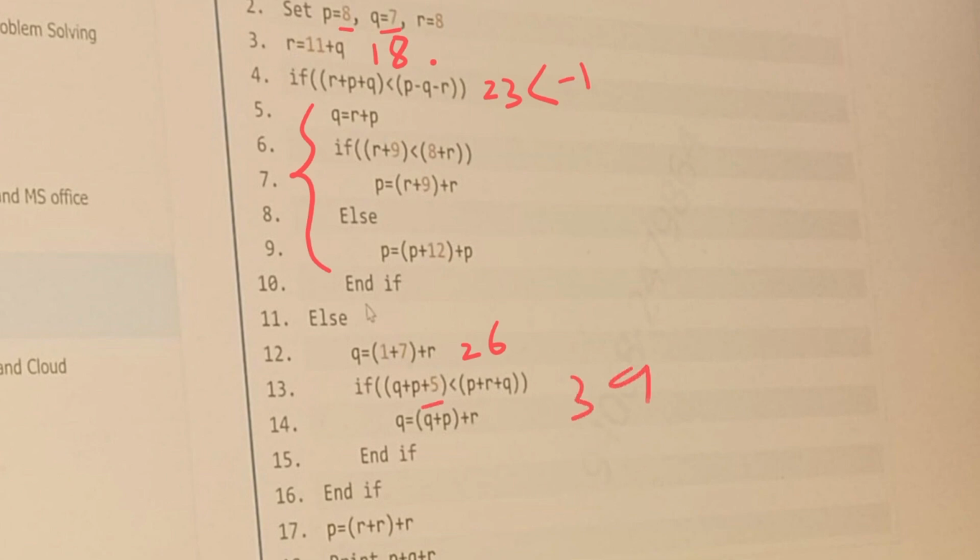Is 39 less than p plus r plus q? p is 8, q is 26, that is 34, and r is 18, so 34 plus 18, that is 52. So this is true, and we have to go inside the if block.